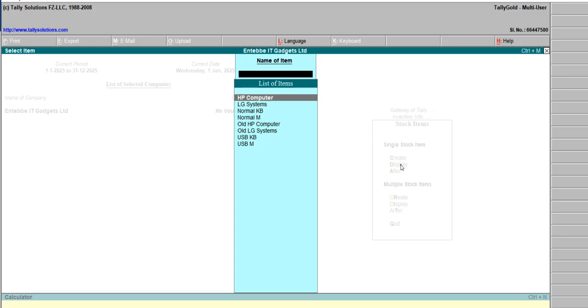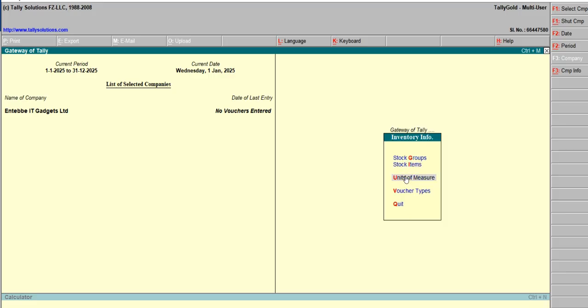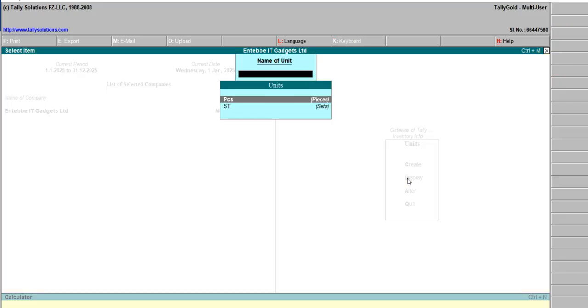Then the units of measure, we have talked about units of measure. We have pieces as well as sets. So as you're doing your physical counting, it is always better you set units of measure for accurate and standardized physical counting of items.